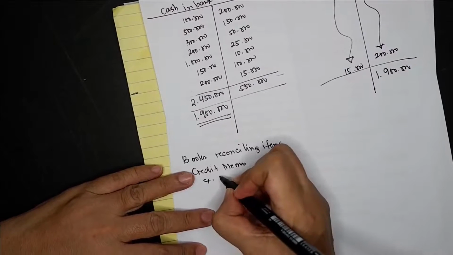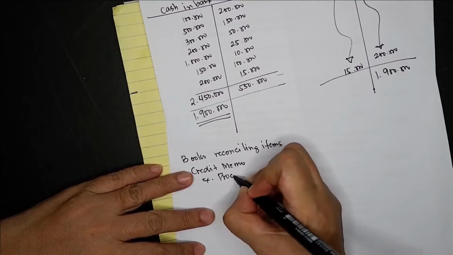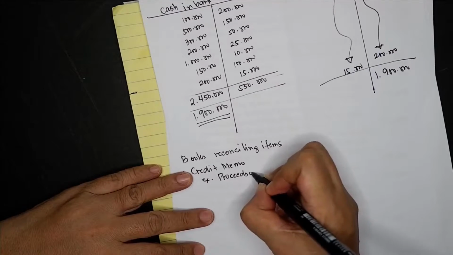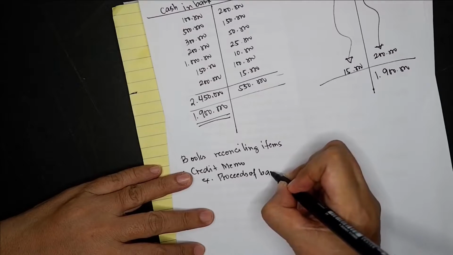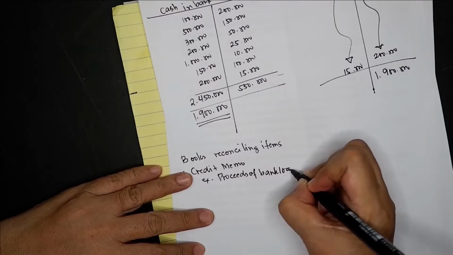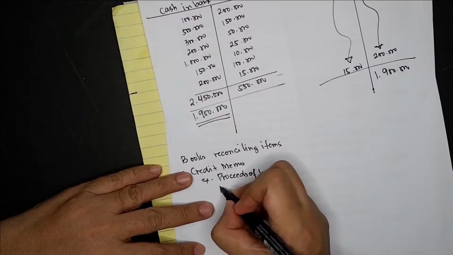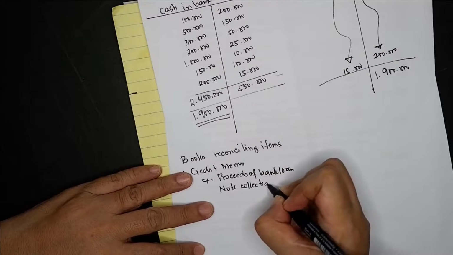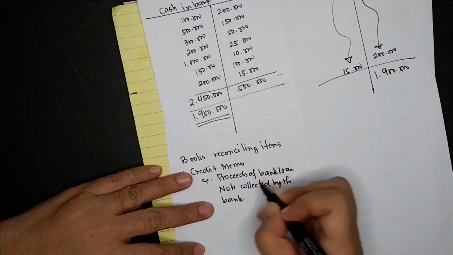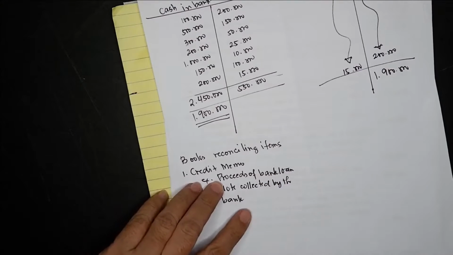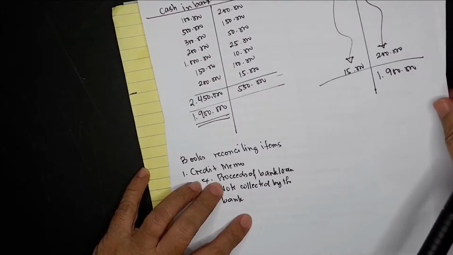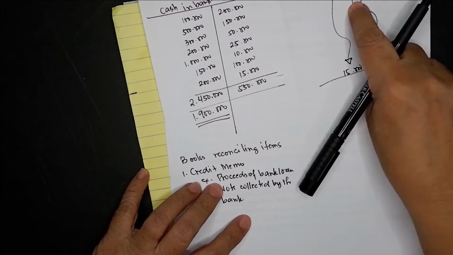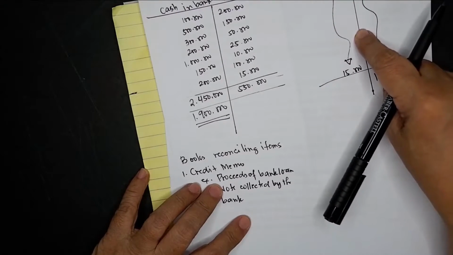We have proceeds of bank loan. Another one is note collected by the bank. Okay, proceeds of bank loan. Example, we apply for a loan in BDO and we have an account with BDO.